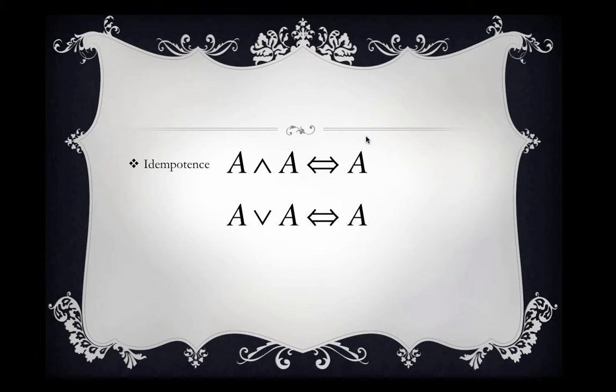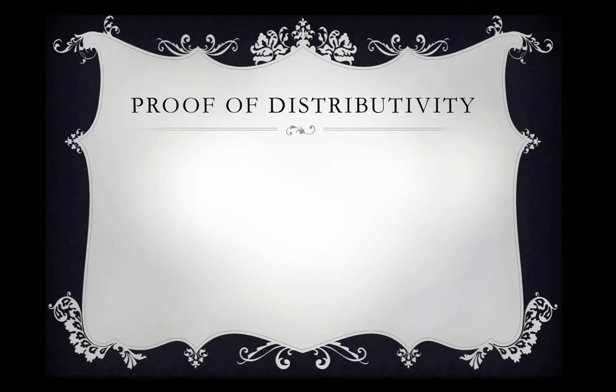All right, and one last one is what's called idempotence. Idempotence simply states that A and A is equivalent to A, as well as A or A is equivalent to A.